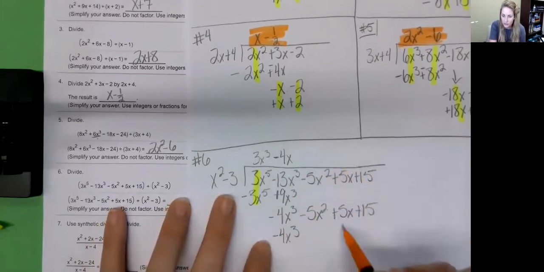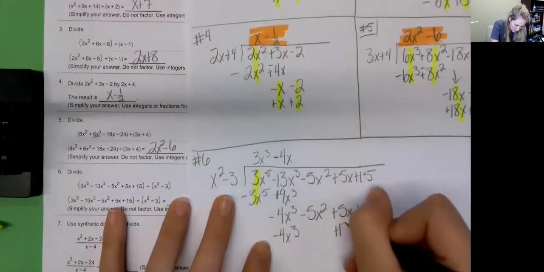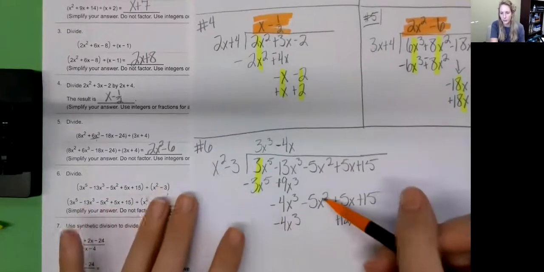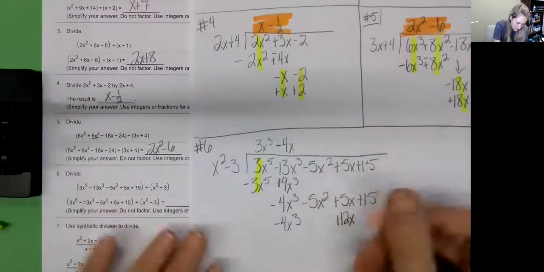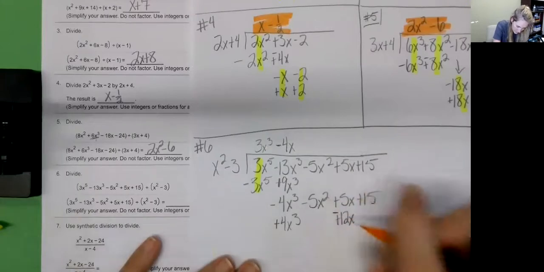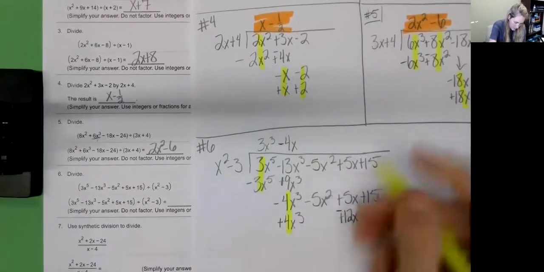Since it's just 1x, we don't put it here, we put it here, because I can't combine x squared and x. You have to put it with its like terms. So then we change our signs. 4x cubed plus 4x cubed is 0.